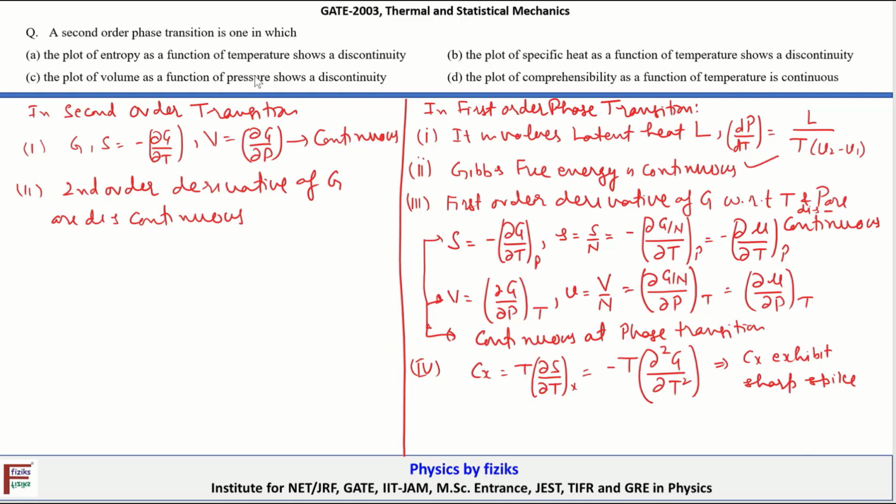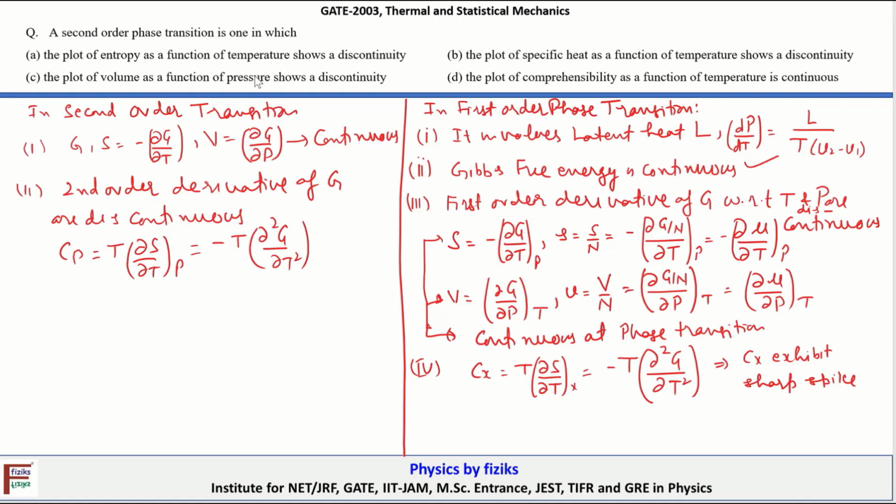So for instance the Cp, that's also a second order derivative of G, T dS/dT at constant pressure, which is equal to minus T d2G/dT squared.